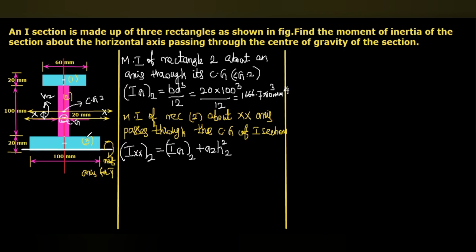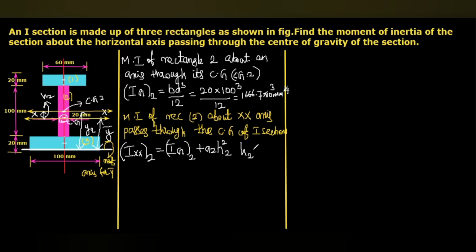For that, from the reference axis to this XX axis or the CG, that will be Y bar. From the reference axis to this one, CG2, that will be Y2. From here to here is Y bar. Here to here, that is Y2. So this distance H2 will be the difference of these.